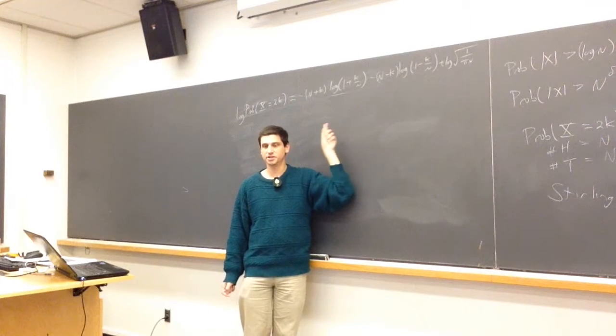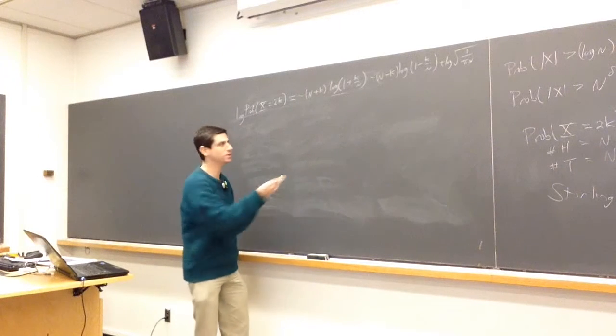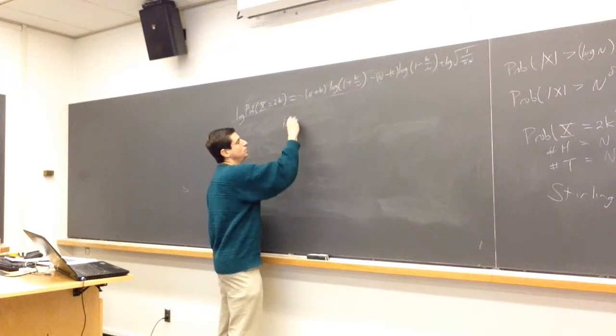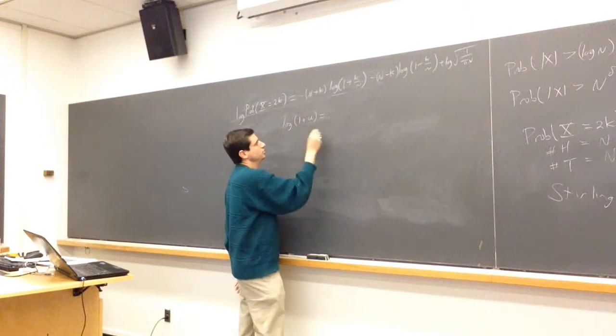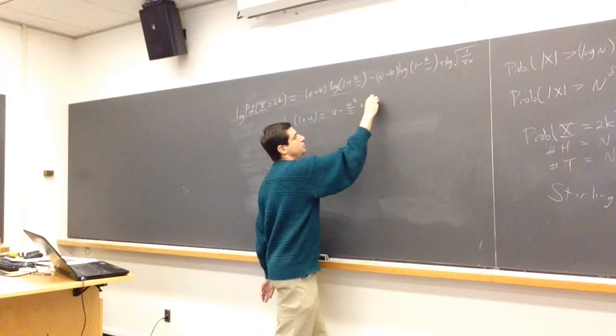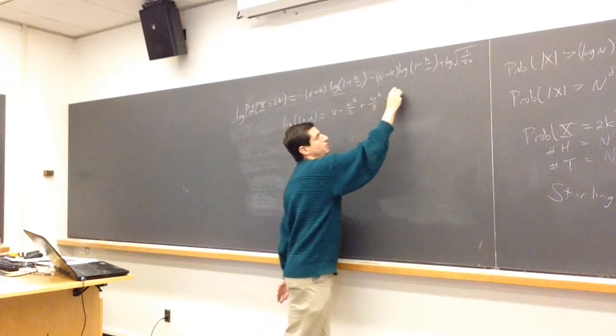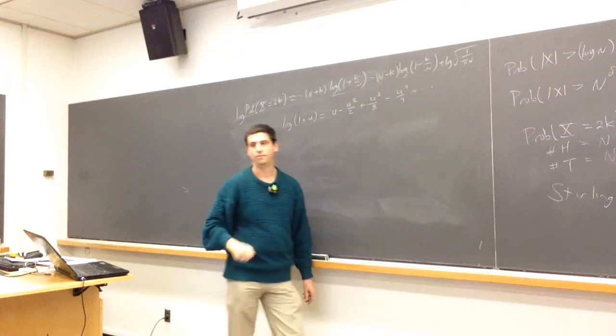Taylor series. Taylor series for which function? The log of 1 plus u is going to be u minus u squared over 2 plus u cubed over 3 minus u to the 4th over 4 plus dot, dot, dot.